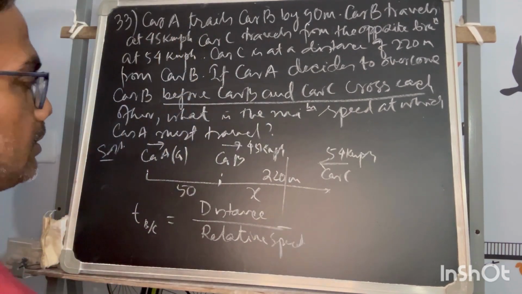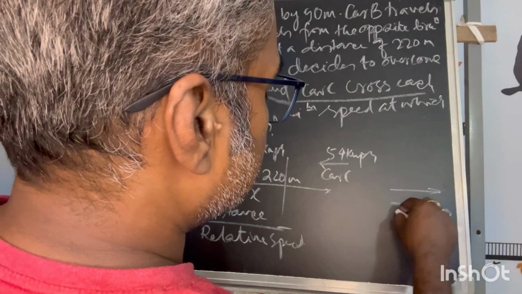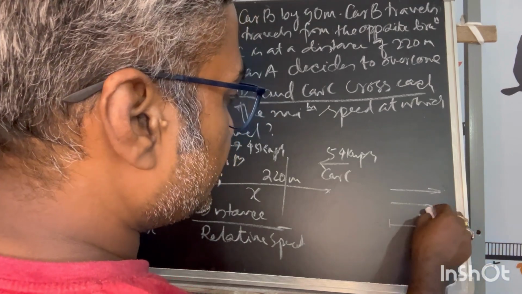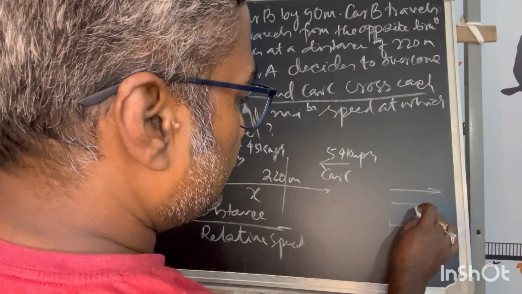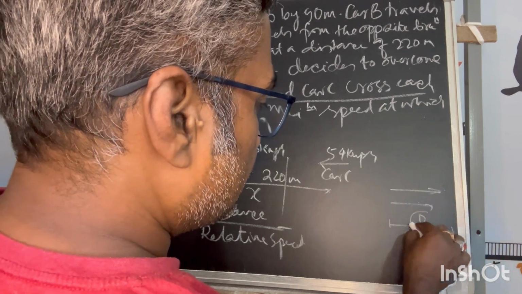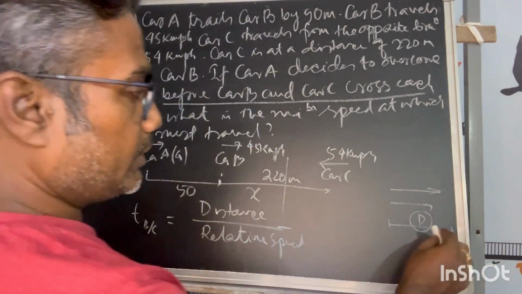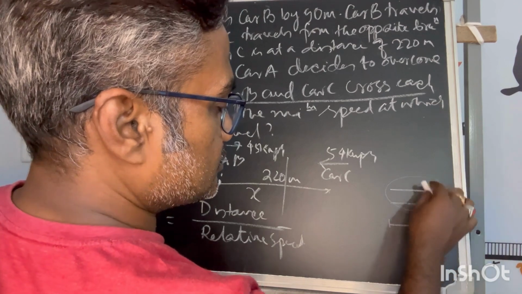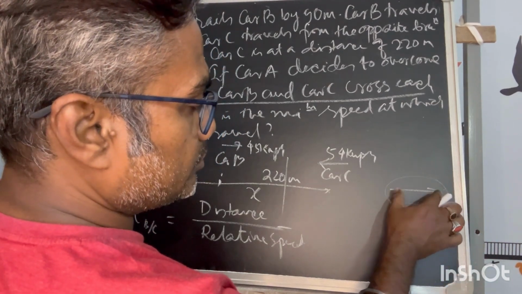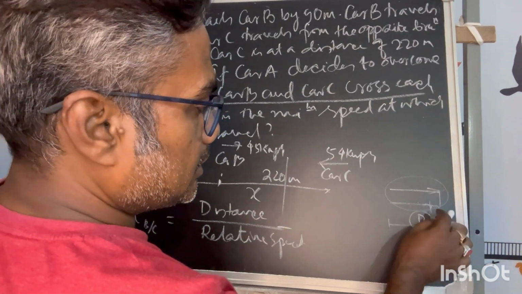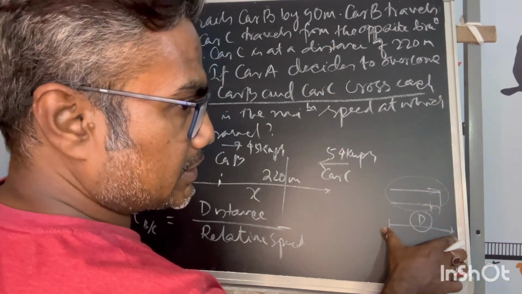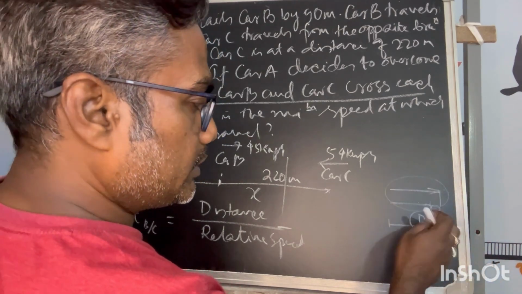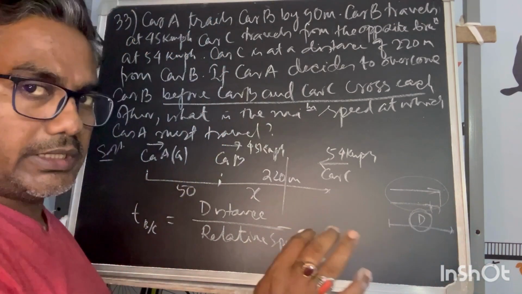When they are moving in the same direction, the relative speed will be deducted, and the effective speed will be the difference of the speeds.